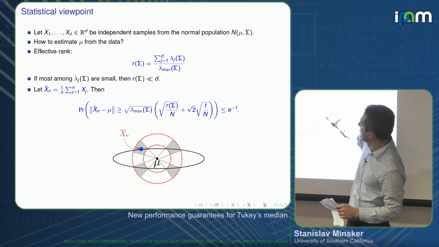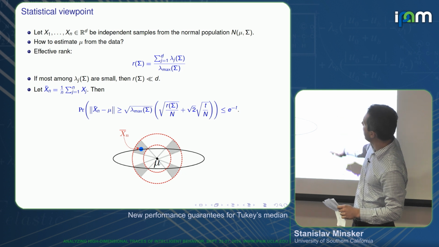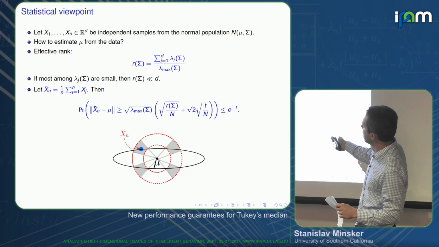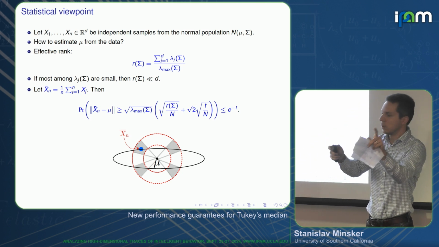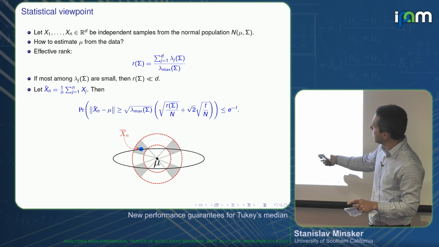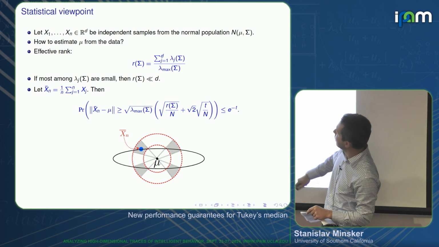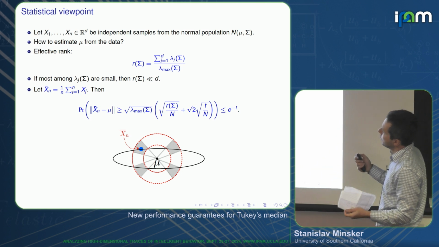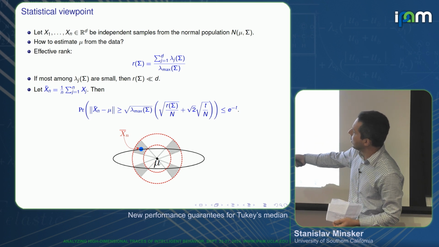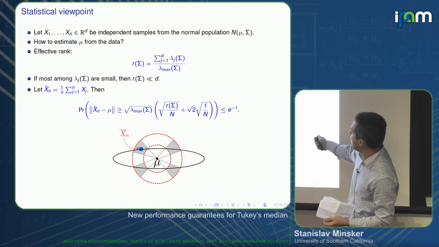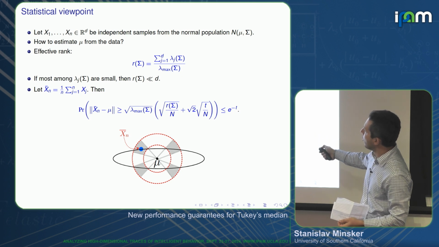The first quantity is this effective rank divided by the sample size, and the second quantity is the width of the band around this number. And the key feature of this result is that the probability that the sample mean will fall outside of this band is very small, exponentially small.